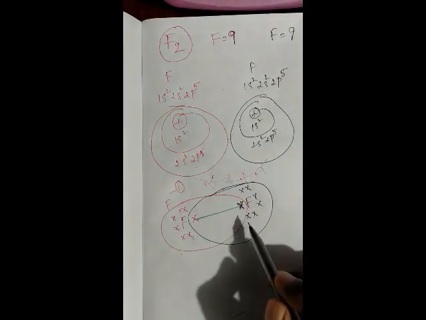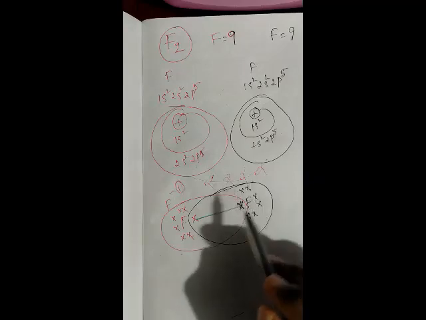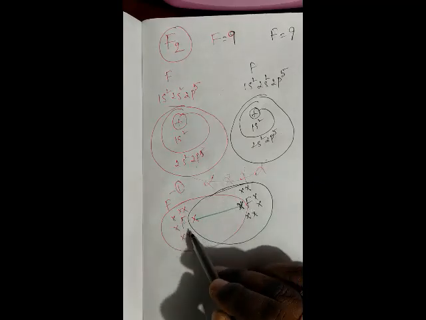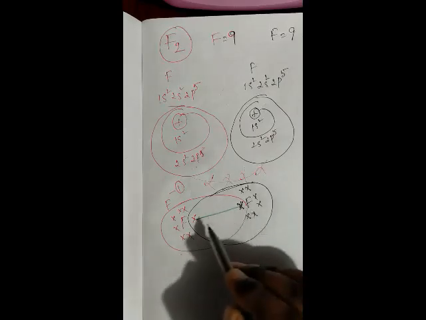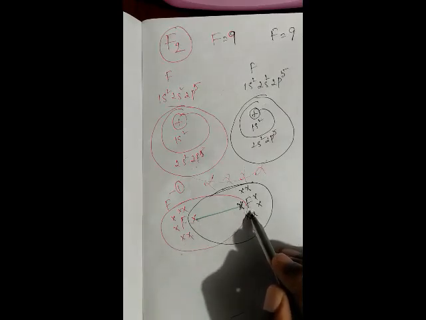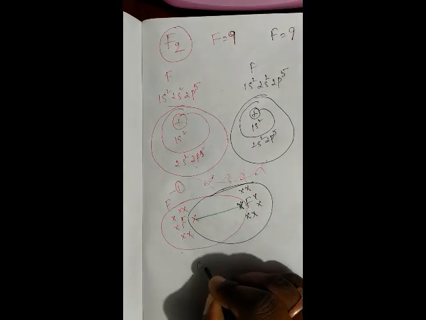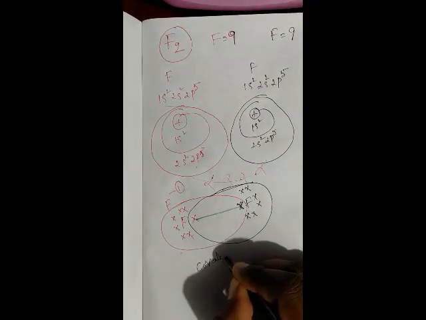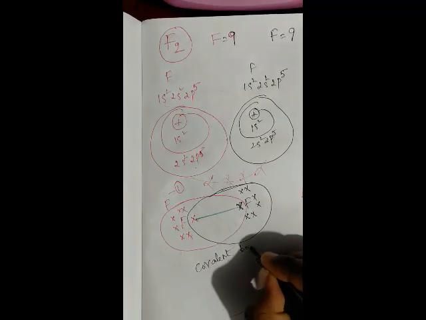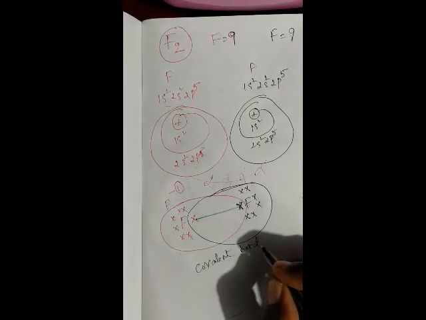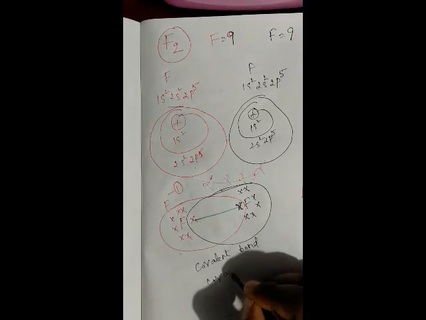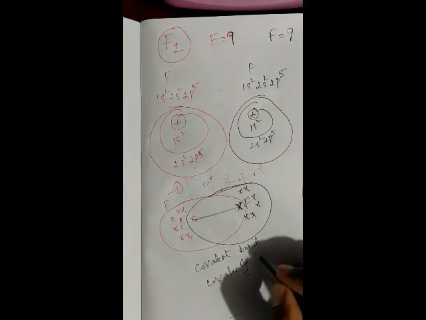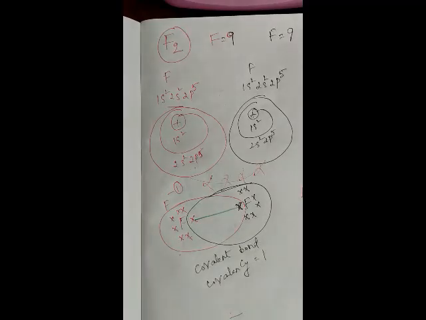So it will become stable. The two fluorine atoms completely share their electrons with each other, so a covalent bond is formed between the two fluorine atoms. Only one covalent bond is there, so its covalency is 1.